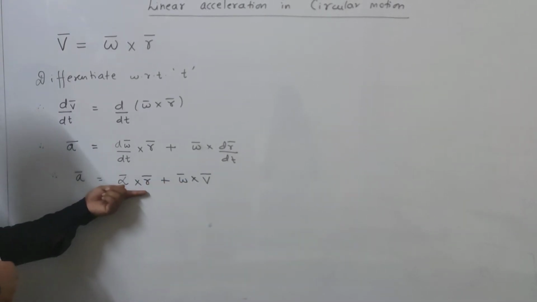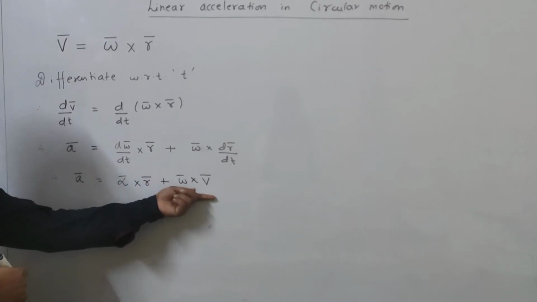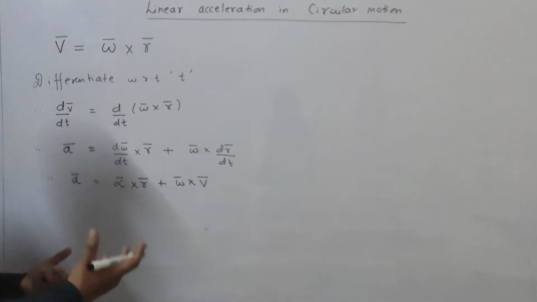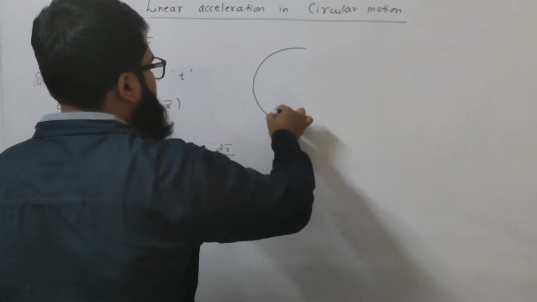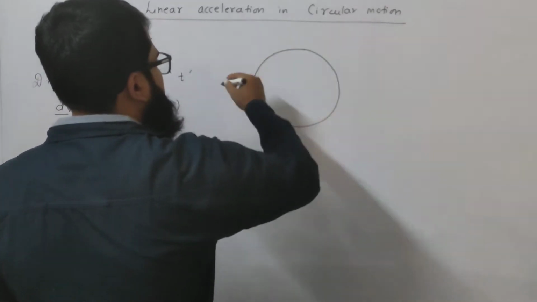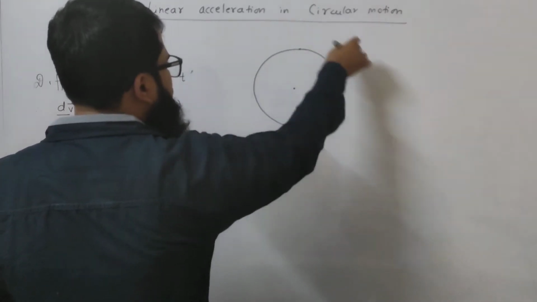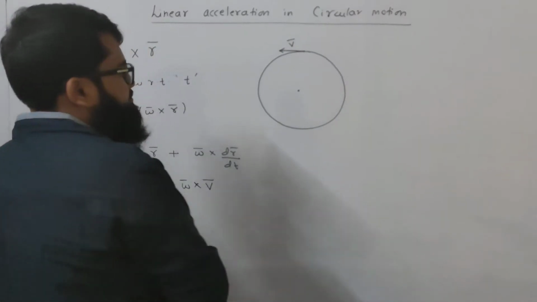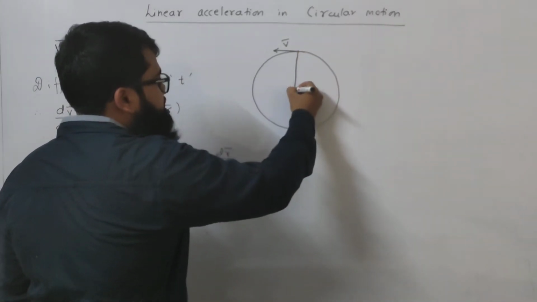One of them is in the tangential direction and the other is in the radial direction towards the center, radially inward. Let us try to understand how it is. Consider an object which is performing circular motion. The object is here, it is moving in anti-clockwise direction, the direction of velocity is here. Now the direction of radius vector is here.